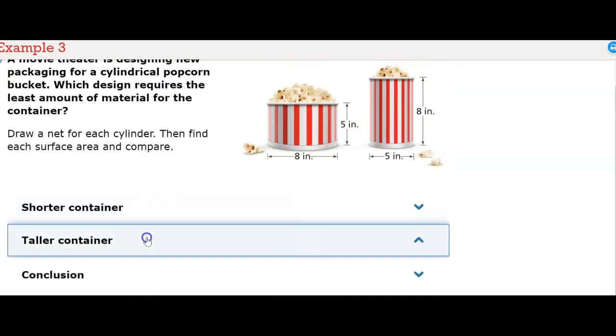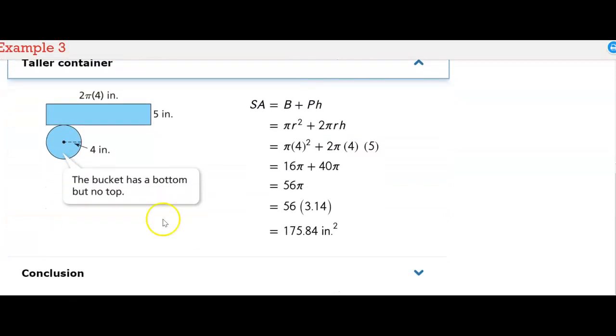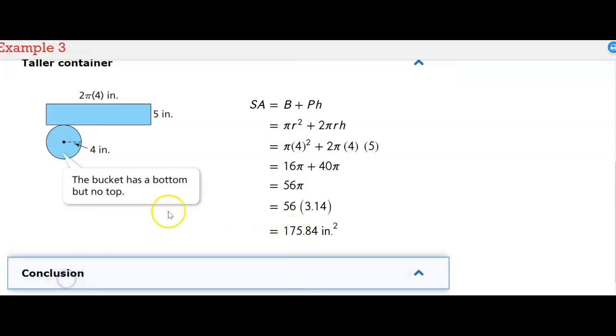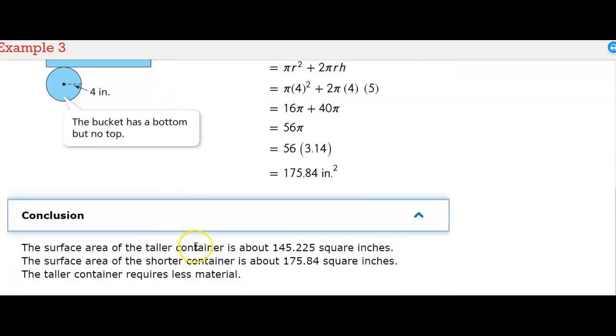Then you have the taller container, which you follow the same steps, and this time you get 175.84 inches squared. And then your conclusion is that the surface area of the taller container is about 145.225 square inches. The surface of the shorter container is 135.84 square inches.